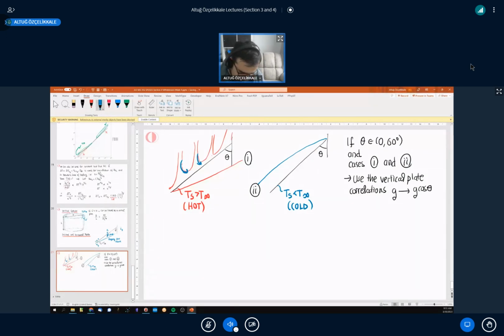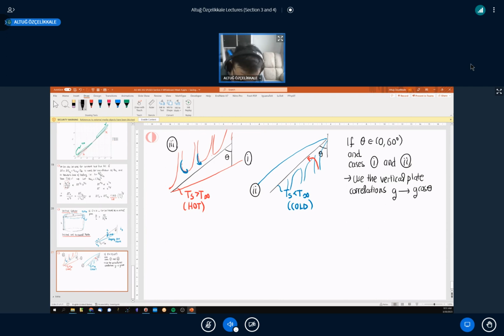So this here, let me call this case 3. And here, the same thing happens. When the boundary layer starts forming here, the flow is going to start falling down. And then the relatively hot fluid is going to come and fill its place, and therefore we are going to have enhanced heat transfer.